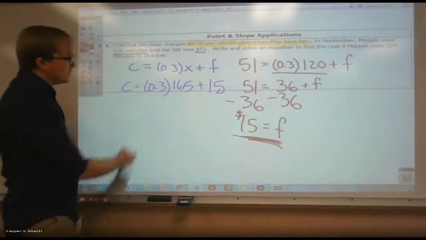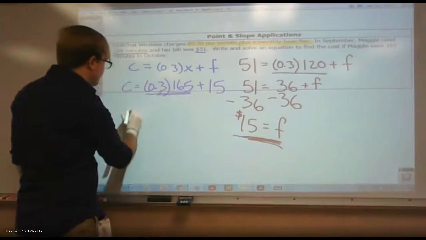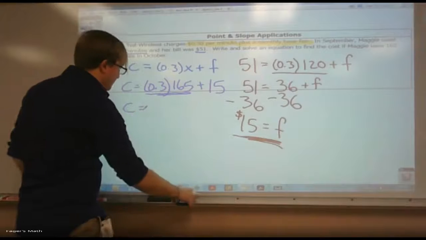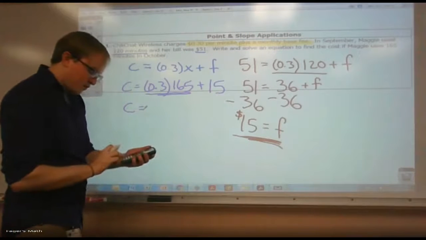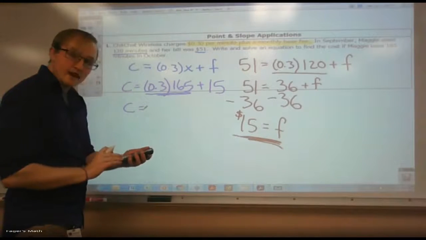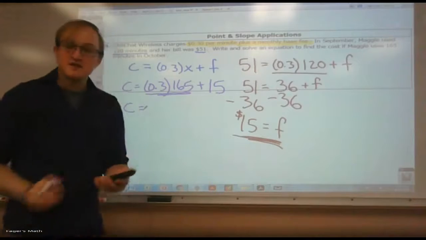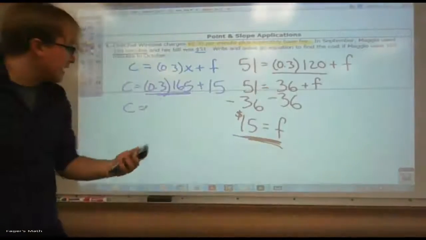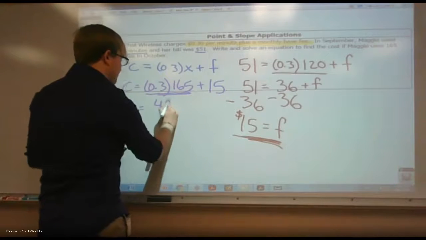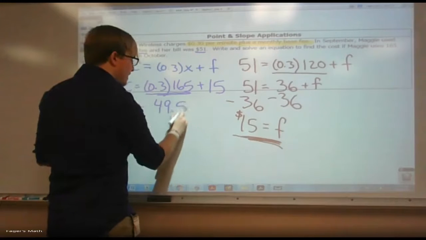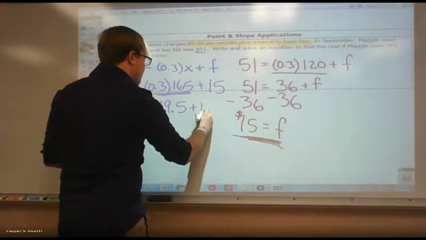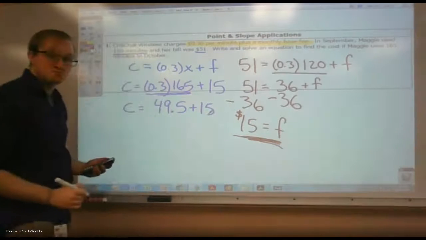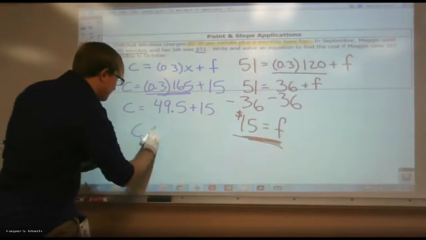Simple enough, right? All we have to do is simplify this multiplication. And let's see, 0.3 times 165. That's coming out to 49.5. Can you see that? Ooh, beautiful. 49.5. So $49.50 plus $15. Add those up.